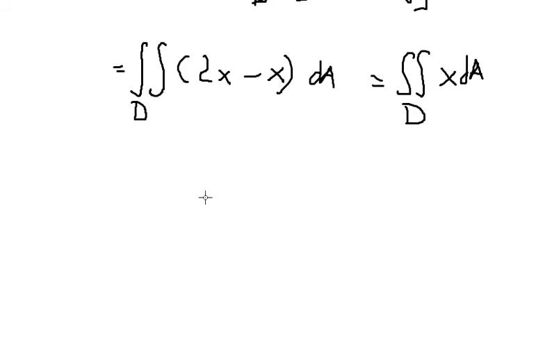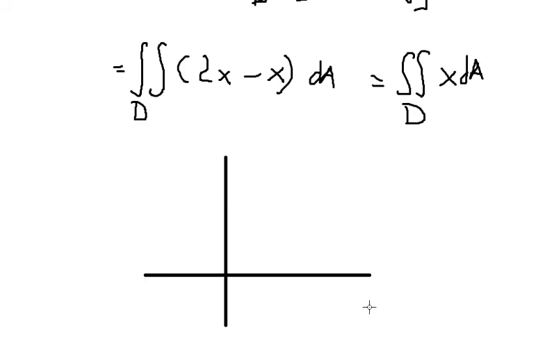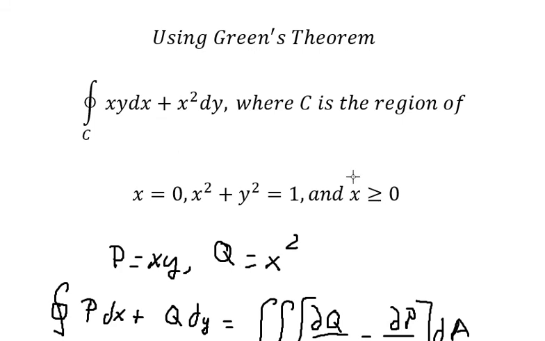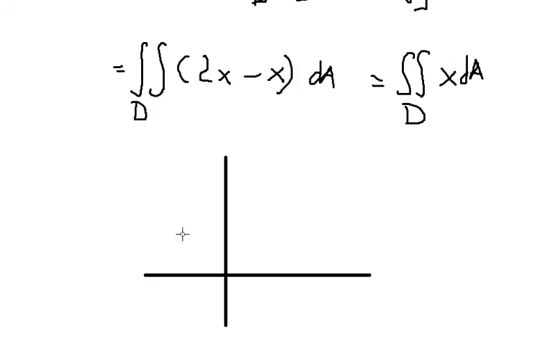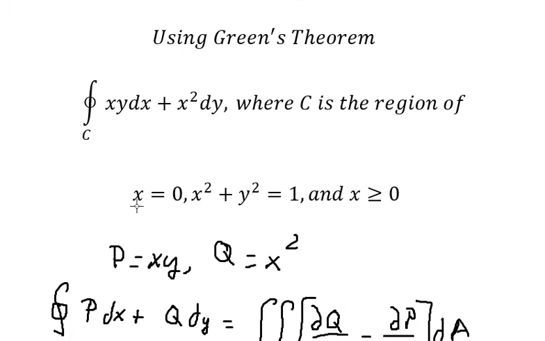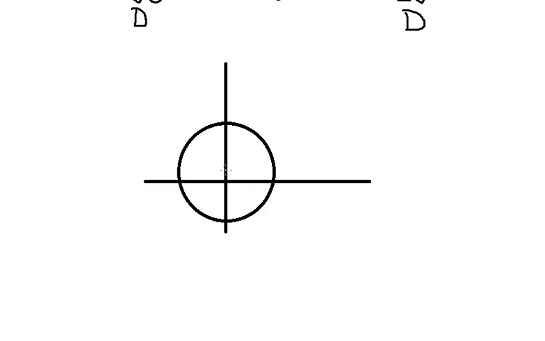So we need to graph the region in here. This is about the circle with the radius of number 1 and the center at 0, 0. So x equal to number 0, that's about this one. x is greater than number 0, that's about this one.